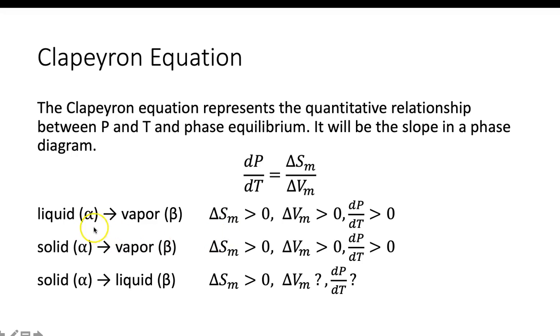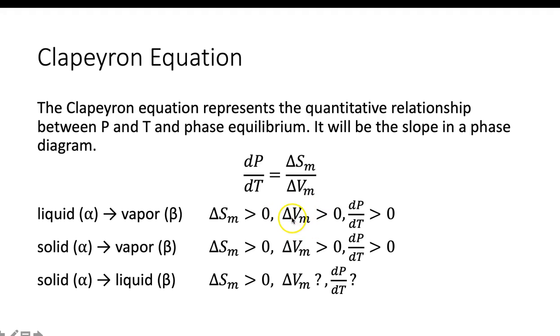If we have liquid to vapor, so essentially boiling, vaporization, we're going to set liquid as our alpha phase and vapor as our beta phase. Going to vapor, the third law tells us that the entropy increases, so our molar entropy change is greater than zero. That's a positive value.